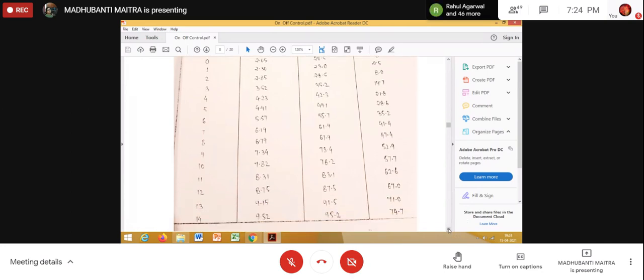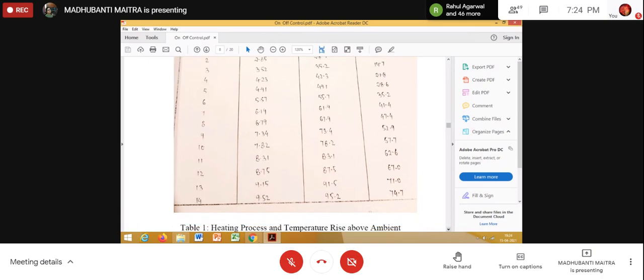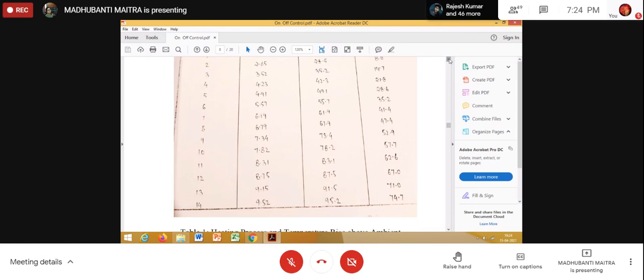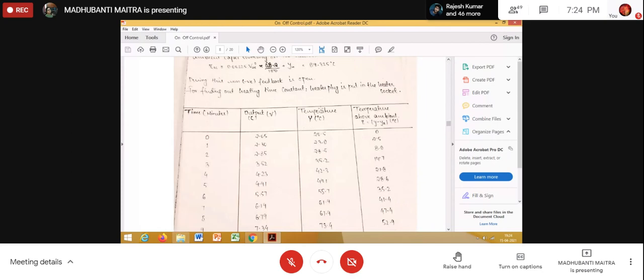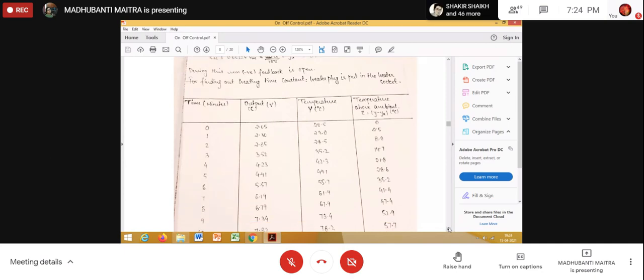The plant is being heated, and up to 15 seconds, starting from 0 to 14, they have noted these values of the temperature. The first column is absolute temperature and the last column is temperature rise above ambient. Is it clear?